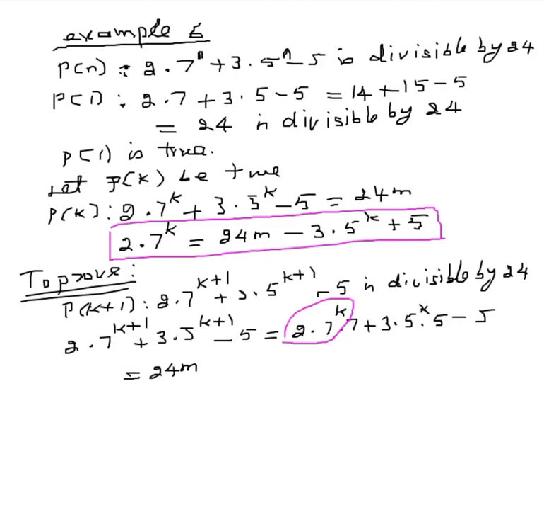It is (24m minus 3 into 5^k plus 5) into 7, plus 3 fives are 15, so 15 times 5^k, minus 5.